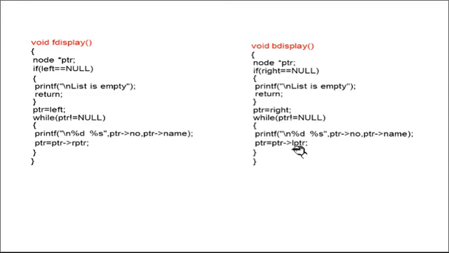So starting from the last node, you are traversing each node in the backward direction. In the forward case, starting from the first node, you traverse each node in the forward direction. So that is forward display and backward display.